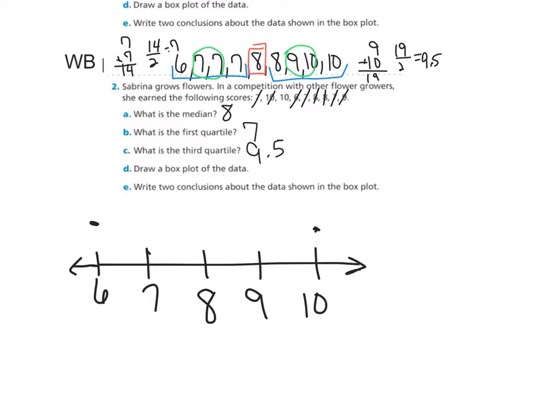First quartile is 7. So if we go from our minimum number to our first quartile, that's going to be our first whisker. Goes from 6 to 7. Our median is 8, so that means our first box is going to go from 7 to 8.